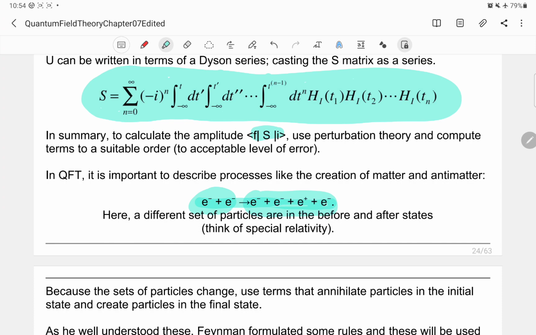You have a different set of particles in the initial and in the final state. So this is possible if you have particles moving at a very high speed or interacting at very high energy.